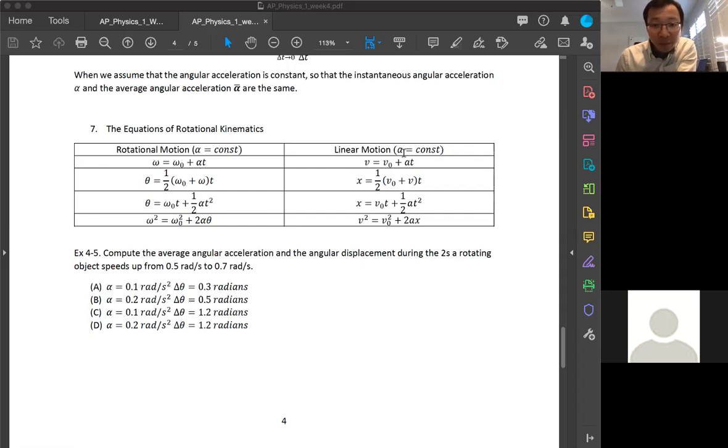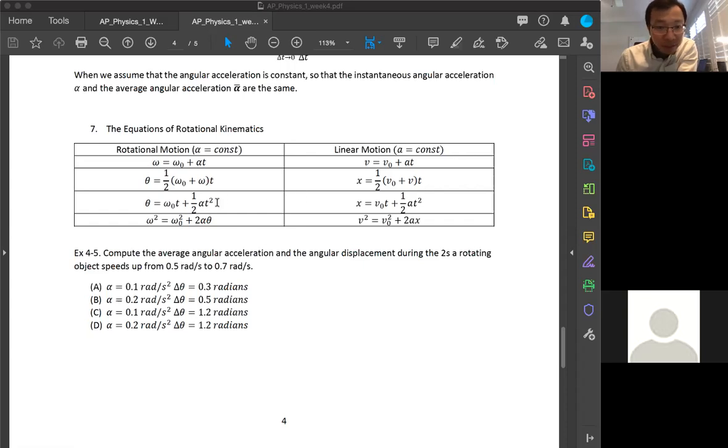You substitute a with alpha in the rotational case, and v, the speed, with the angular speed omega. And x, the displacement, you replace with theta, the angular displacement. I think that's it.